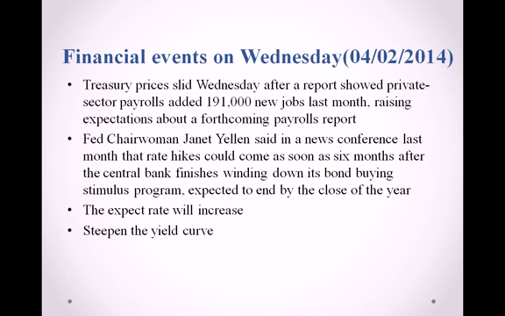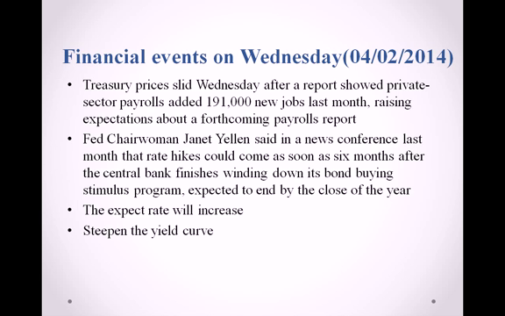And Fed Chairwoman Janet Yellen said in a news conference last month that rate hikes could come as soon as 6 months after the central bank finishes winding down its bond buying stimulus program, expected to end by the close of the year.